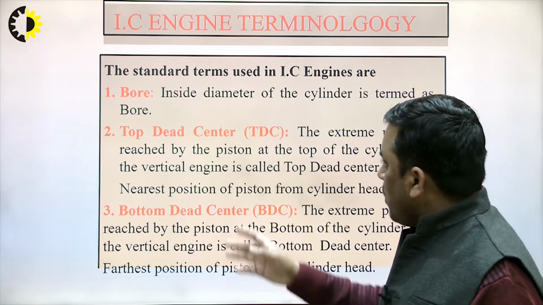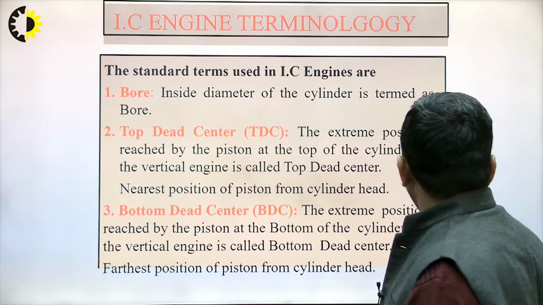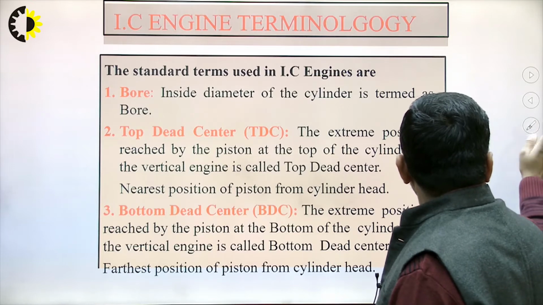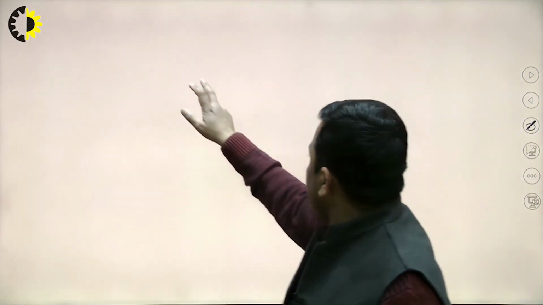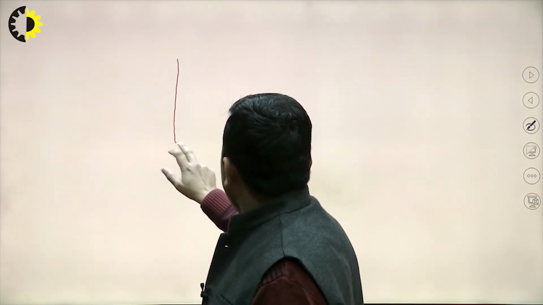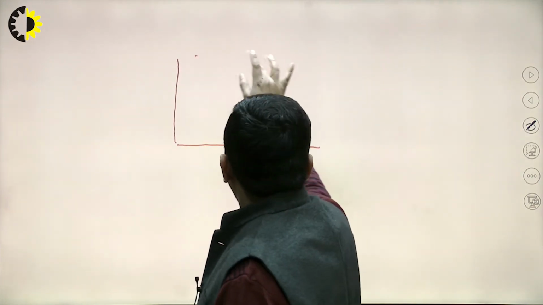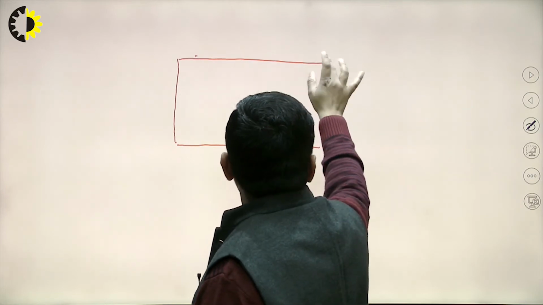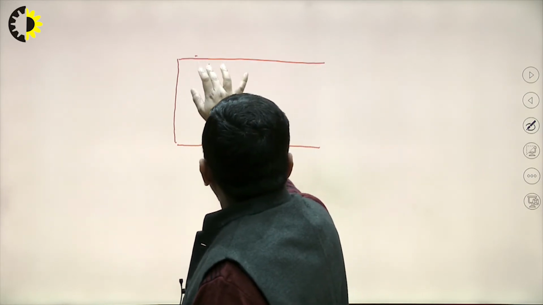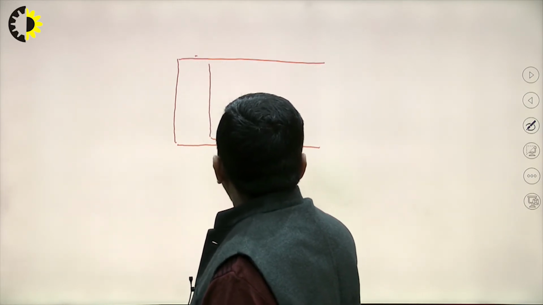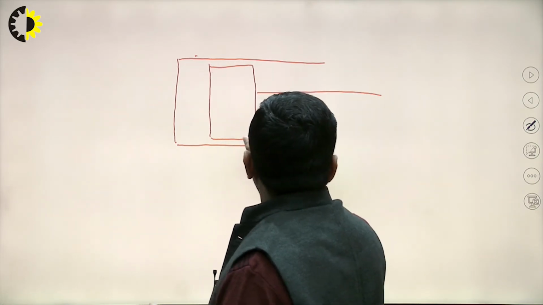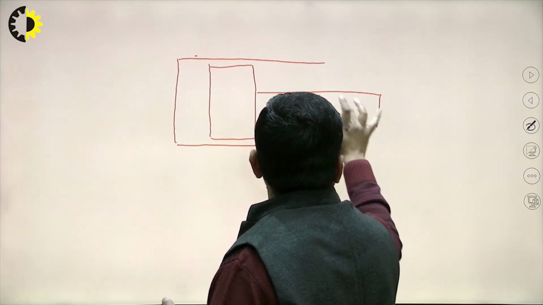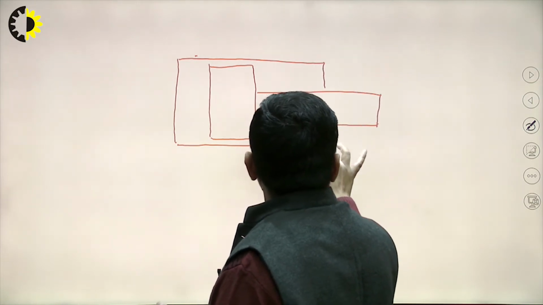So first of all, before going into the detail, I would like to draw one diagram. I am trying to replicate the cylinder and piston arrangement.